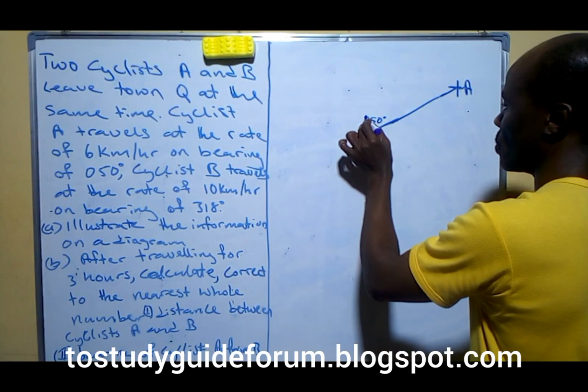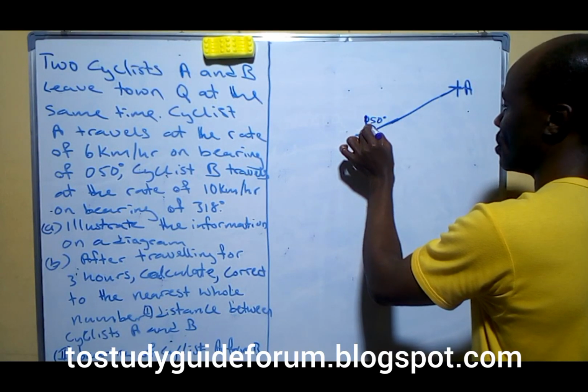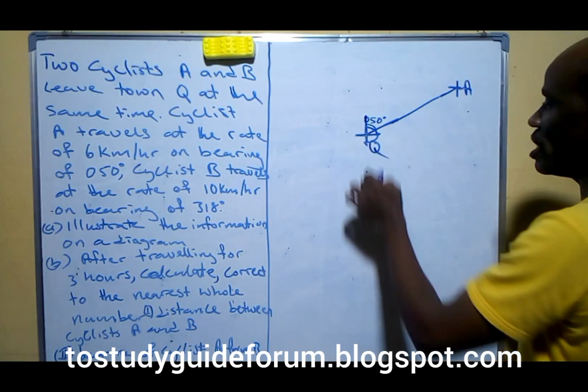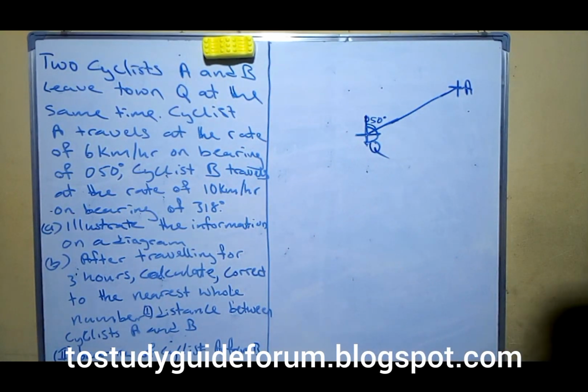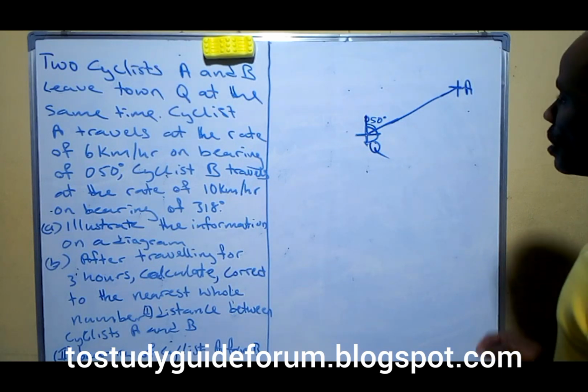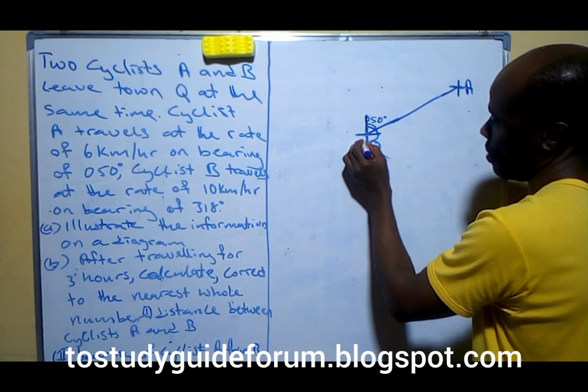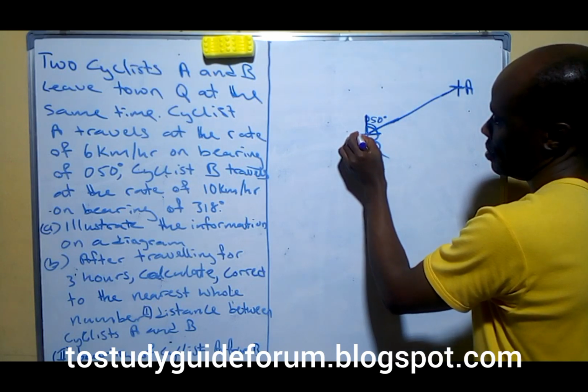Starting from here, we move to this place, that is 180, and then 360. 318 should be somewhere around this end.